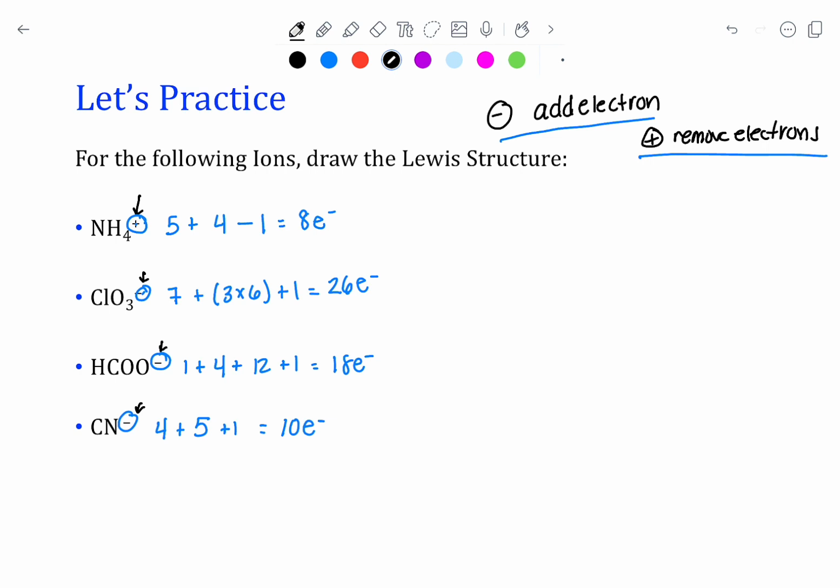Now that we have our total number of valence electrons, we follow our steps as is. So here we have NH4. We have N as our central atom. It's now surrounded by 4 hydrogens, and each of those will be a bond. Okay, so in making those bonds, I used up 2, 4, 6, 8 electrons.